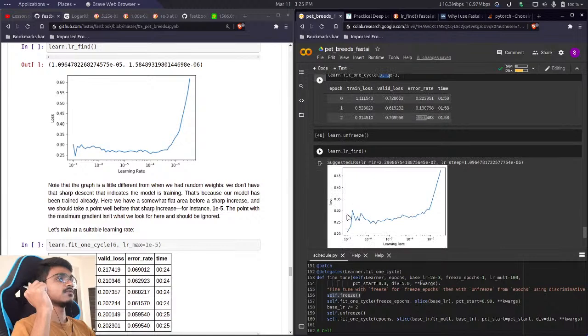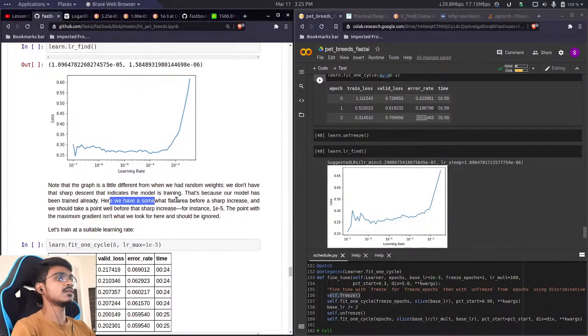So that's why we are getting an almost flat loss for this range of learning rates, and then it starts to overshoot. Here we have a somewhat flat area before a sharp increase, and we should take a point before that increase.